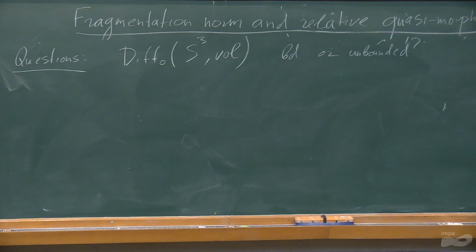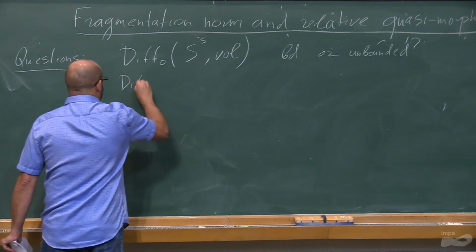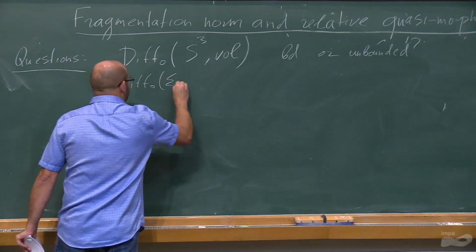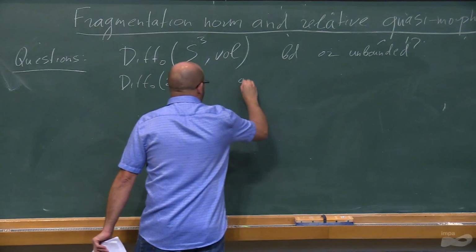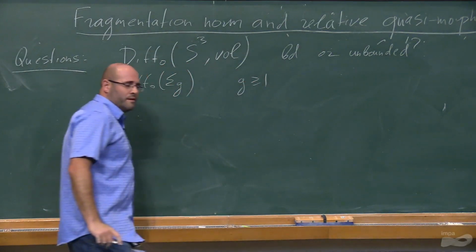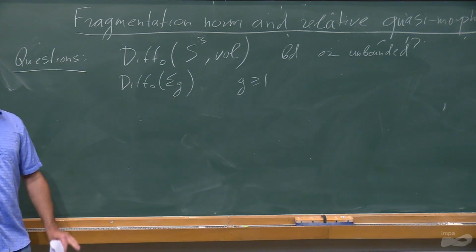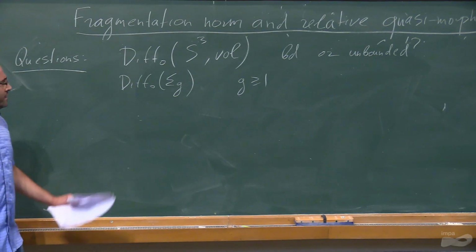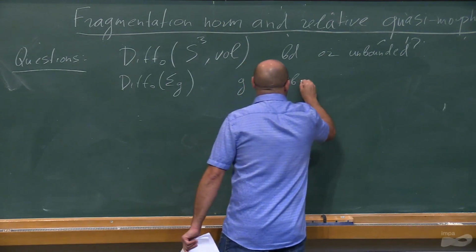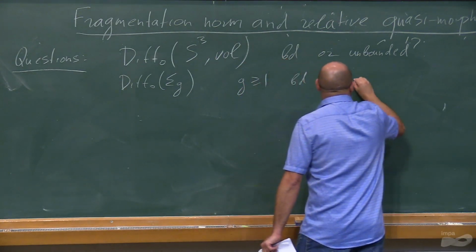It is not known if you take genus greater than or equal to 1. So this is another open question: Diff_0 of Sigma_g, g greater than or equal to 1. In several cases of 4-dimensional manifolds, it's also not known. That's it. These are the only cases: bounded or unbounded.